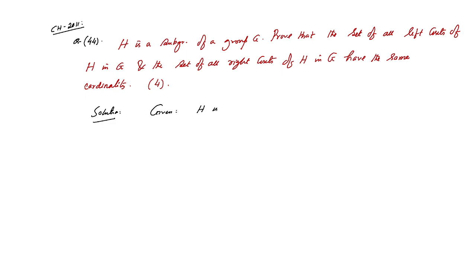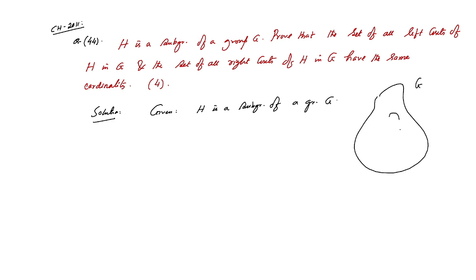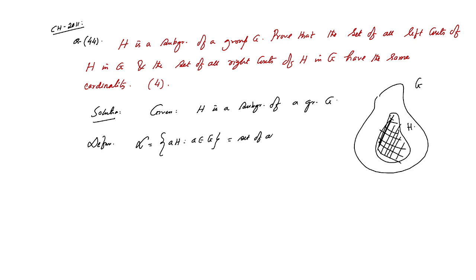Given H is a subgroup of a group G. Okay, so this is our group and this is basically subgroup H. So we define the set, define script L. This is aH such that a belongs to G. That means this is basically the set of all left cosets of H in G. Define script R. This is basically Ha, a belongs to G, the set of all right cosets of H in G.